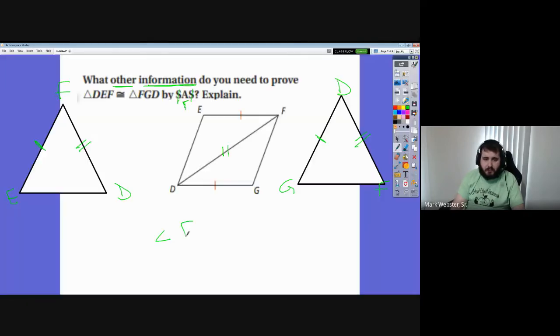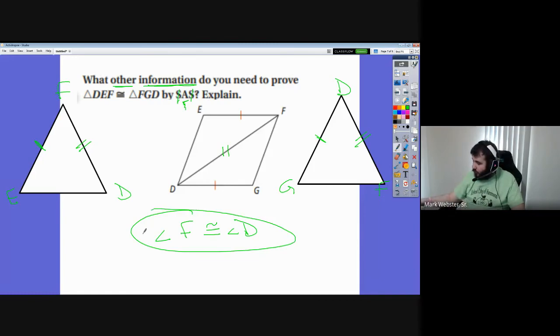Angle F. What's the angle in the middle of these two congruent sides? Angle D. So if I had angle F congruent to angle D, that would give me more than enough, because I'll have side, angle, side.